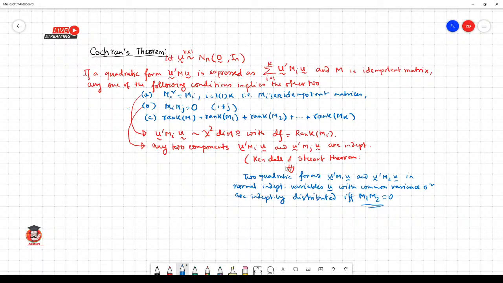So this is the statement of the theorem, and if you use this theorem, then we say that any two components u prime M_i u and u prime M_j u are independent.